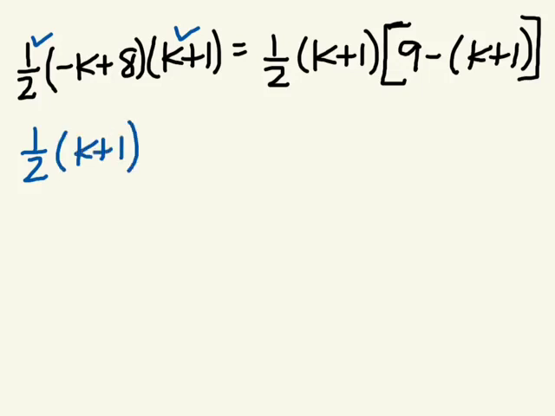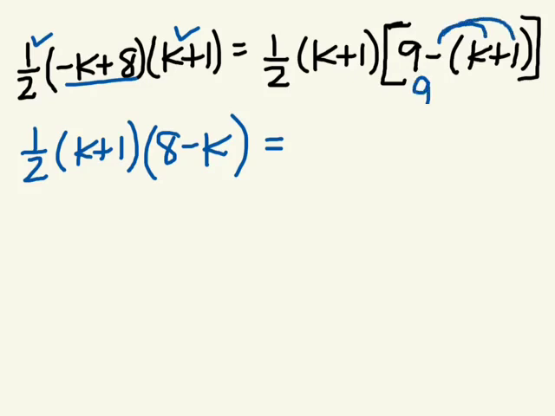If I switch the order here on the negative k plus 8, that gives me 8 minus k. And if you think about how this works over here with the 9 minus k plus 1, this is 9 minus k minus 1. 9 minus 1 is 8. So those are exactly the same.